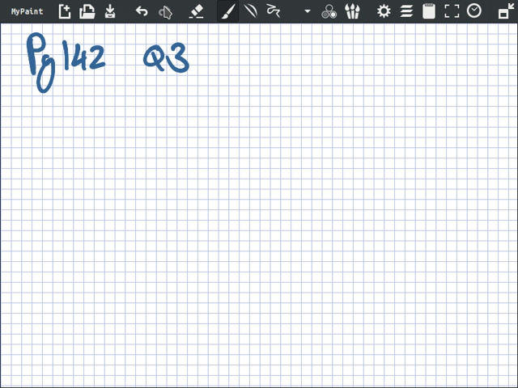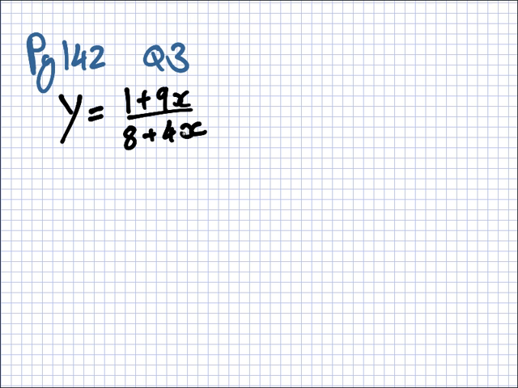Right. So, page 142, question 3. Now, we have y equals 1 plus 9x over 8 plus 4x, and I ask you to show that the derivative is positive.